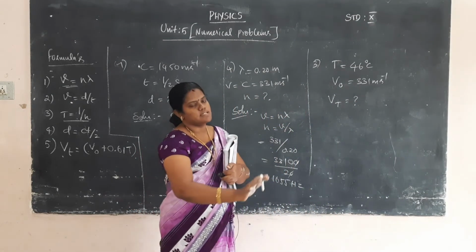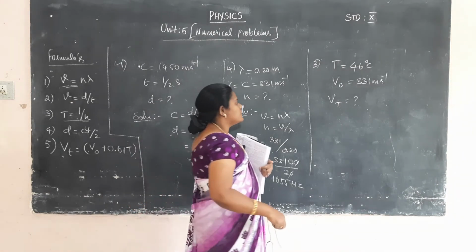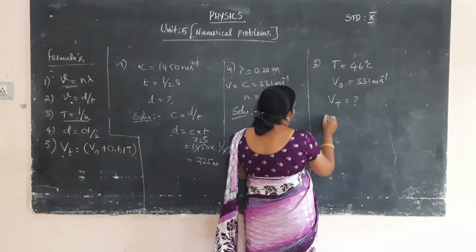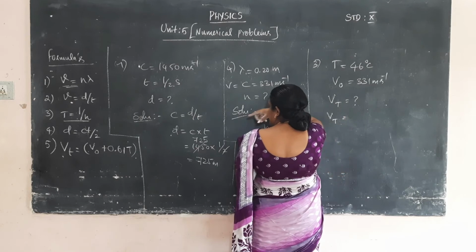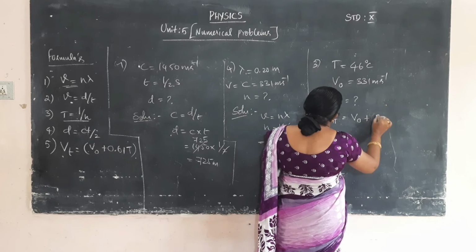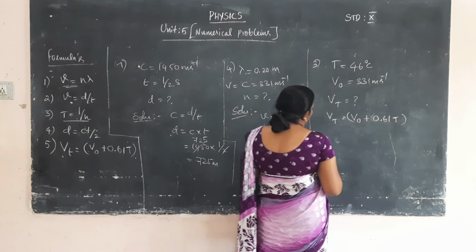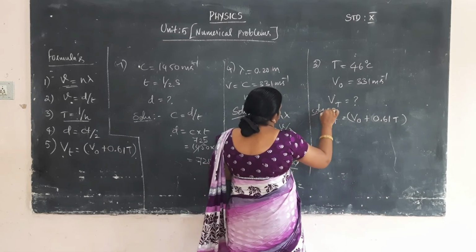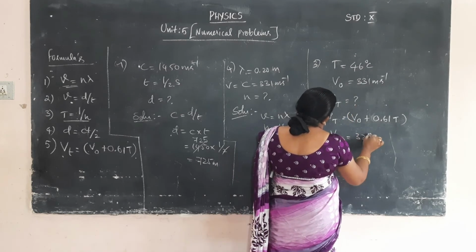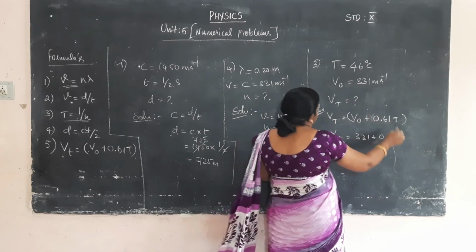So Vt is equal to, what's the formula? Vt is equal to V0 plus 0.61 into T. So substitute all the values: Vt is equal to V0, that is 331, plus 0.61 into 46 degrees.